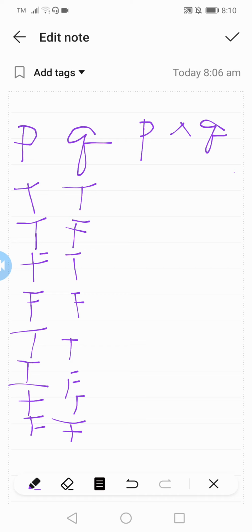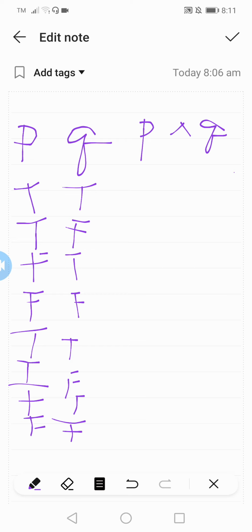So how do we come up with the truth values of this P and Q following the rule? We can only say that the truth value of P and Q is true if both statements P and Q are also true.